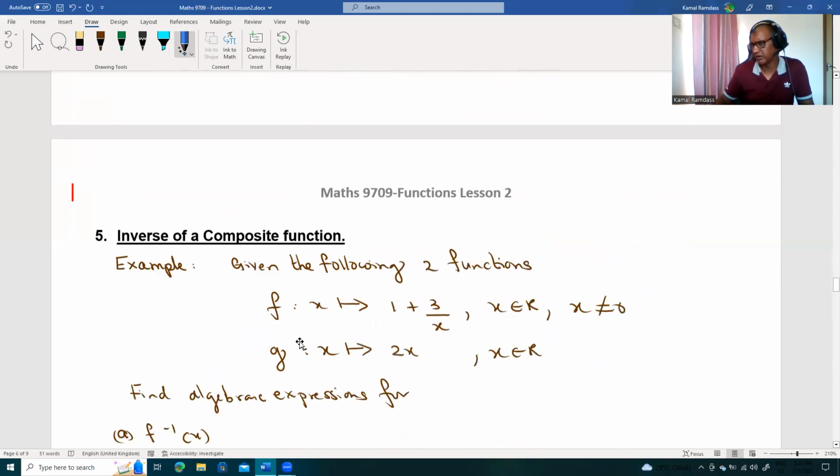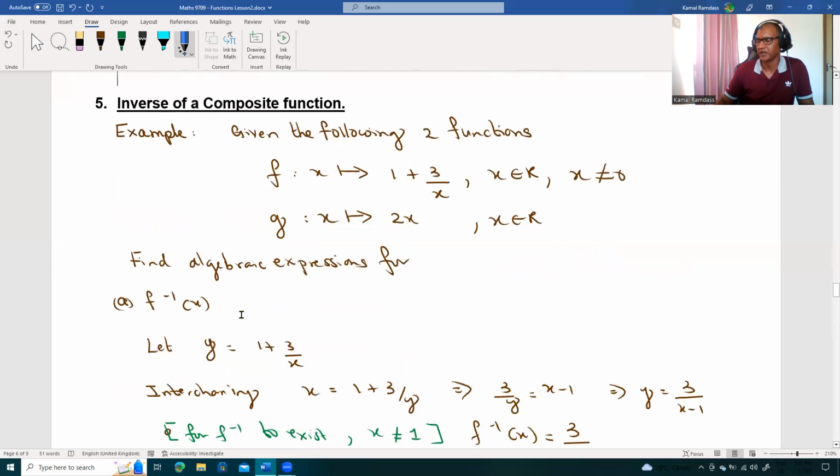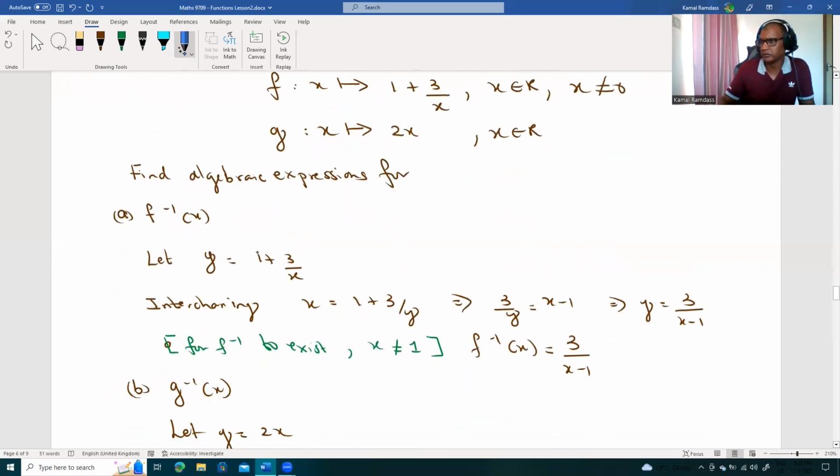Disons que j'ai deux fonctions. F of x. F is defined such that x maps onto 1 plus 3 over x, x element of R, and x not equal to 0. G is defined such that x maps onto 2x, x element of R. Et là, avant de faire the inverse of composite function, nous avons envie de trouver algebraic expression for f inverse.